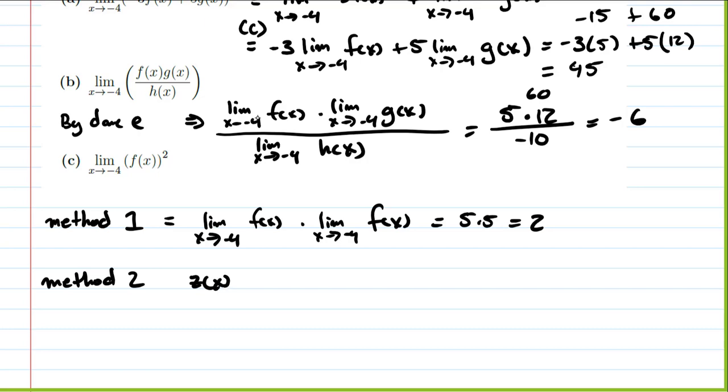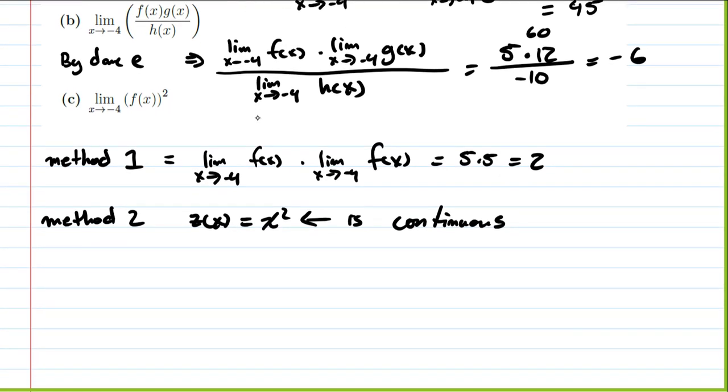we'll go with z of x equals x squared is continuous. And z evaluated at f of x is going to be f of x quantity squared.